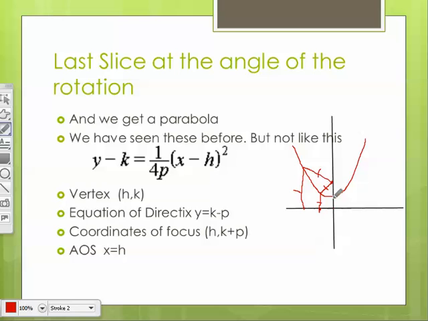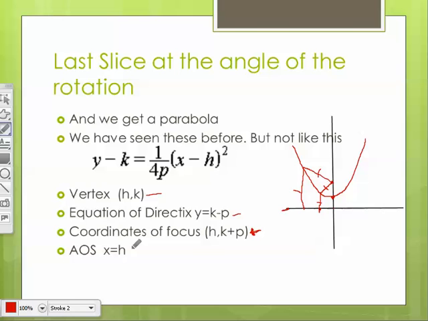This vertex right here is always found at h, k. This focus point that I'm talking about right here is found right there. This directrix, that's this line right down here. That line has an equation.